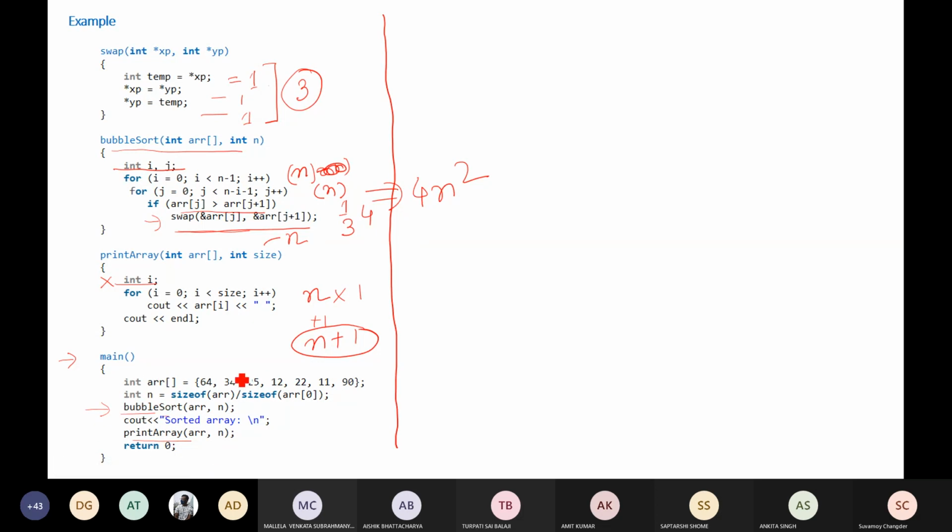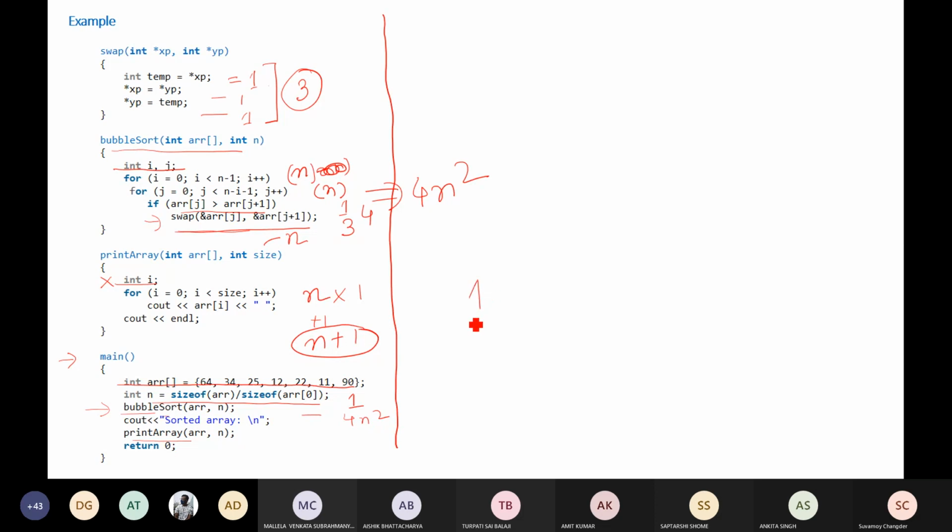Now we are finding the time complexity of the main. So here integer array is a declaration statement, so forget about this. Int n equals to size of this, so we are assigning some value to the variable n. So it is 1. We are calling the function bubble sort, which we have already found is 4n square.